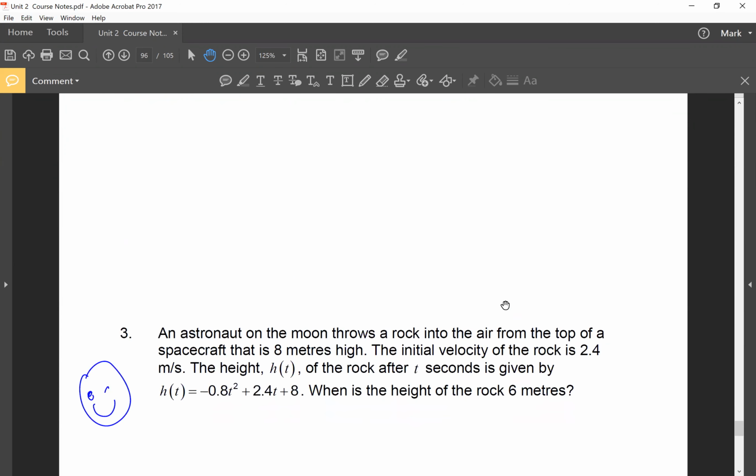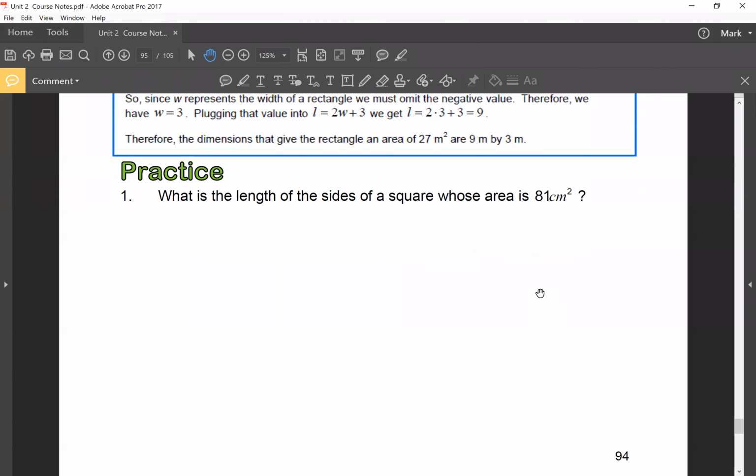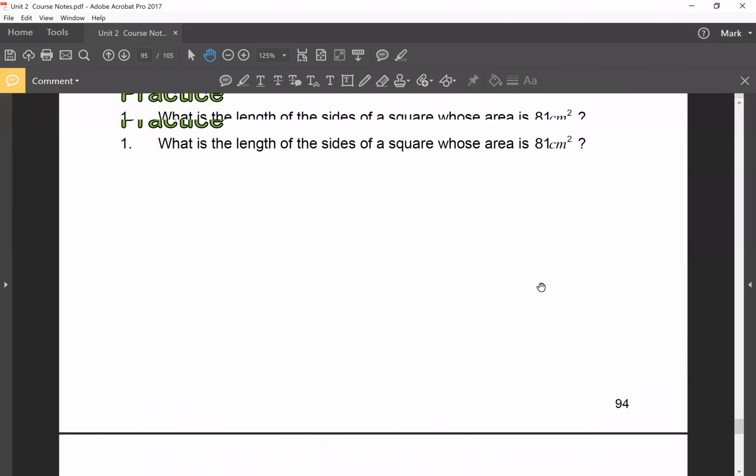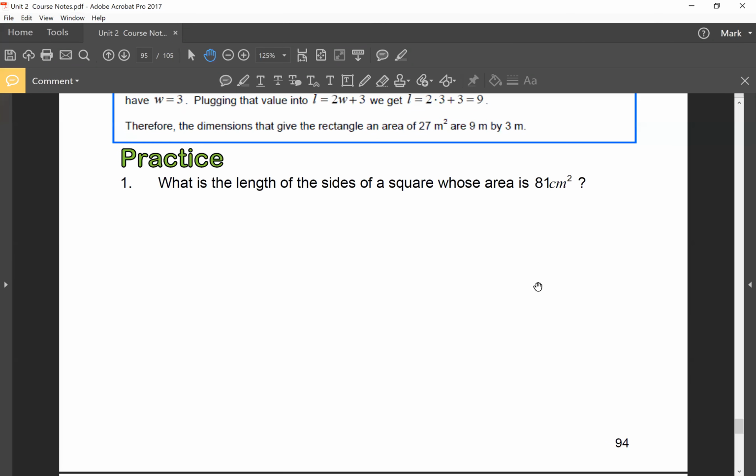Okay. Now, before I finish number 2, let's just get number 1 out of the way. We skipped number 1. It says, what is the length of the sides of a square whose area is 81 centimeters squared? Now, the interesting thing about a square is, be careful with the language here.